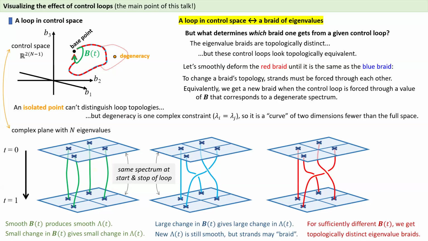On the other hand, degeneracy is not going to be an isolated point. Degeneracy, the equality of two complex numbers, is a two-dimensional constraint, a single complex constraint. So it's going to be a curve or a surface of 2 dimensions less than the full space. So in my cartoon that looks 3-dimensional, degeneracies have to occupy a 1-dimensional curve. And that is adequate to make topological distinctions between loops.